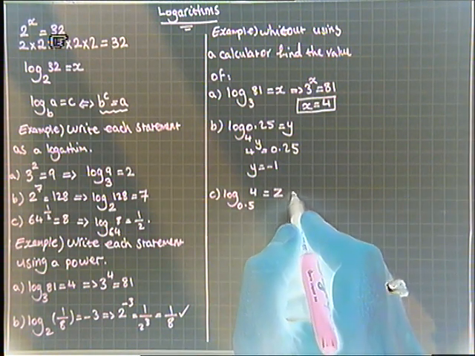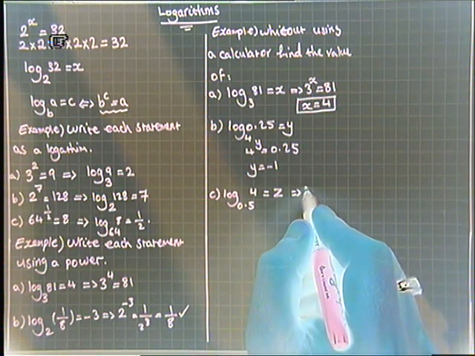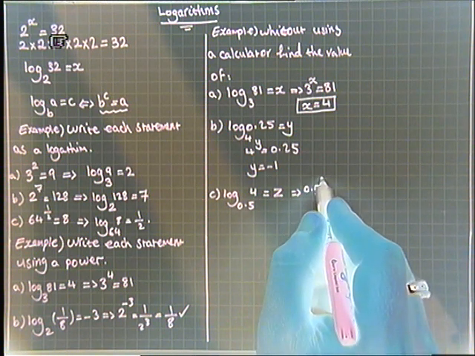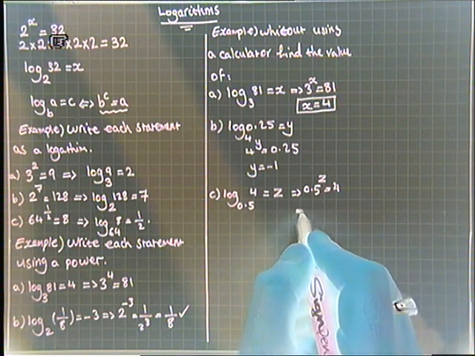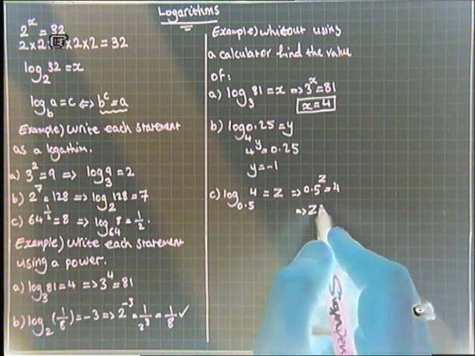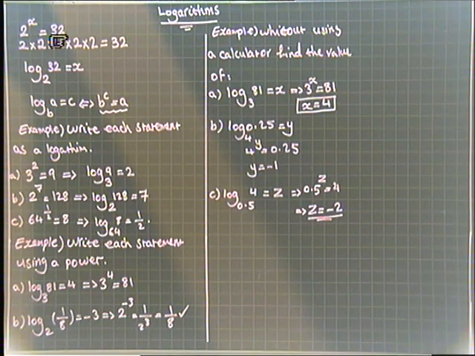So we know that using the logs and indices law, 0.5 to the power of z is equal to 4, which implies that z is equal to minus 2, because 0.5 to the power of minus 2 is the same as 1 over 0.5 to the power of 2, which is the same as 4.